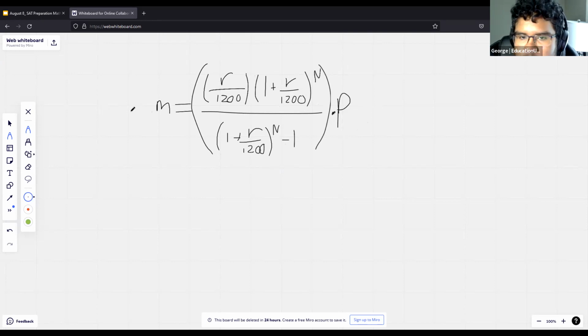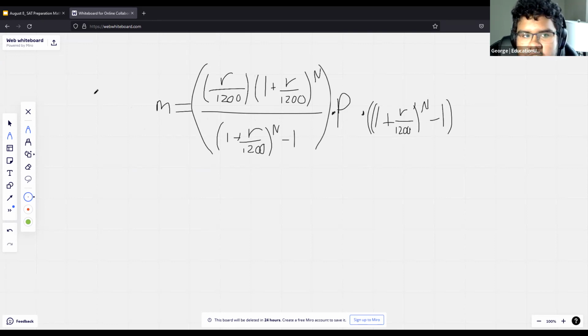But for the sake of being more clear, I'm just going to do it in 2 steps rather than one. To start off, we can see that at the bottom of this fraction, we have this term here. So what we can do is multiply both sides by whatever's on the bottom. So we have 1 plus R over 1200 to the N, minus 1.